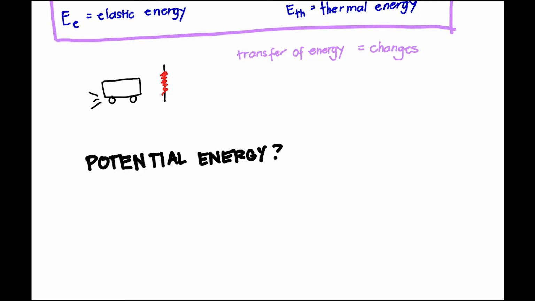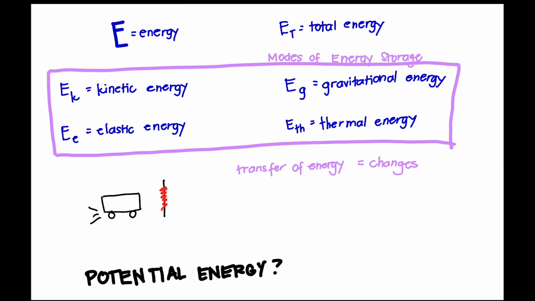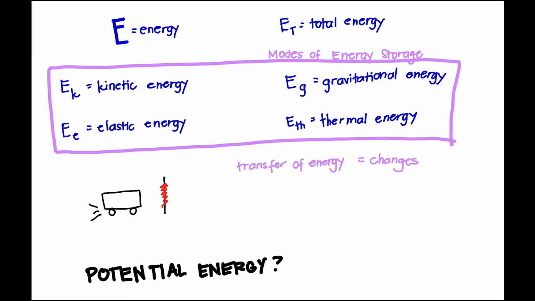So kinetic energy can be transferred into a different type of energy. And because potential carries everyday meanings that mean a lot of different things, we're just going to say not potential. Everything will just be energy storage, and we're going to store it in kinetic energy, or maybe something is being stored as elastic energy.